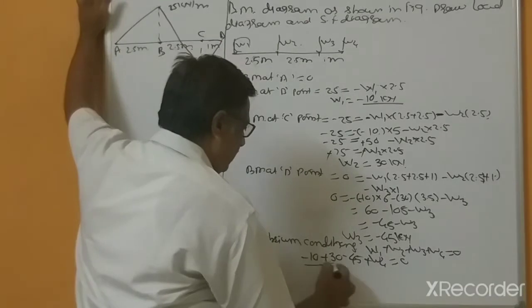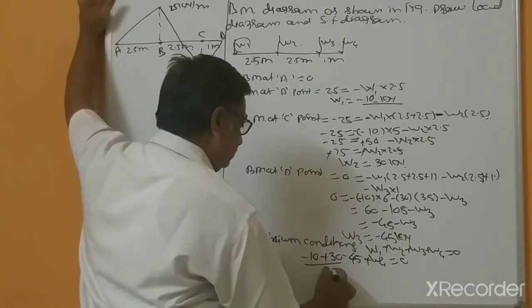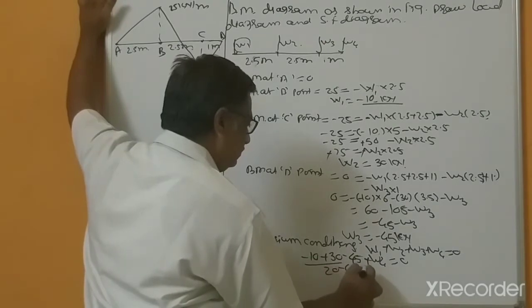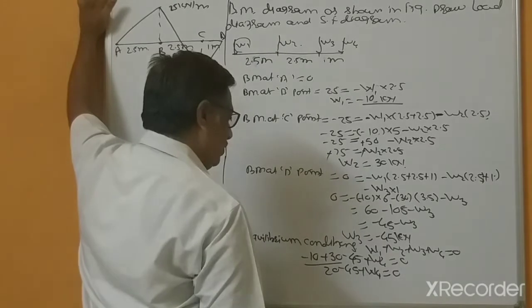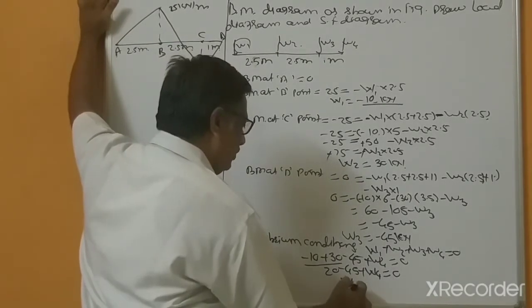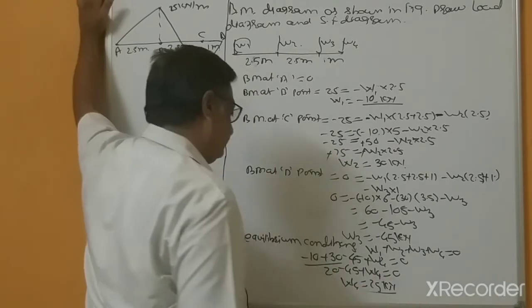This is minus 20 and W4 equals 25 kilonewton.